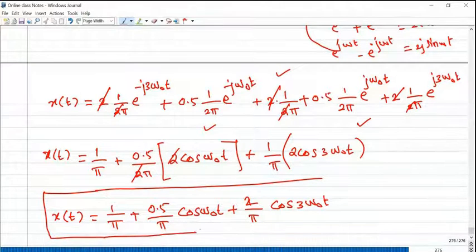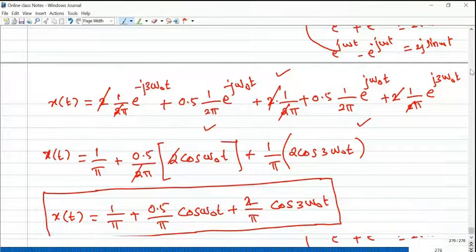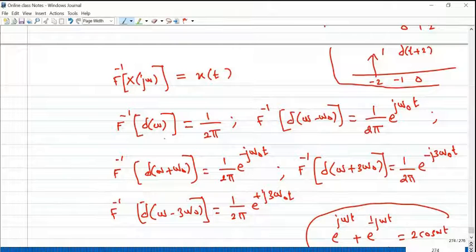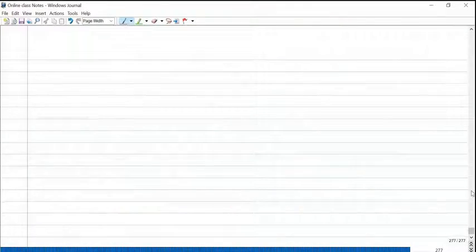X(jω) was given in the form of a pictorial representation. Then we wrote the mathematical expression for it using the delta function, in its shifted version. The student should remember the formula for δ(ω + ω₀) and so on. Then it is very simple. Directly substitute and solve it. You will get the result.